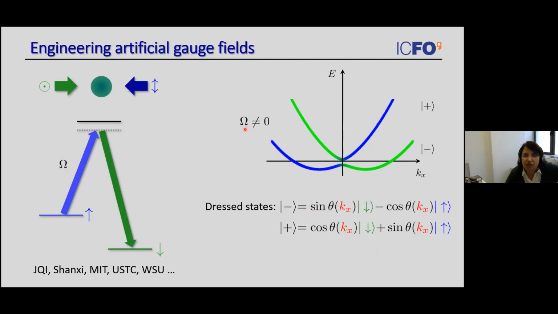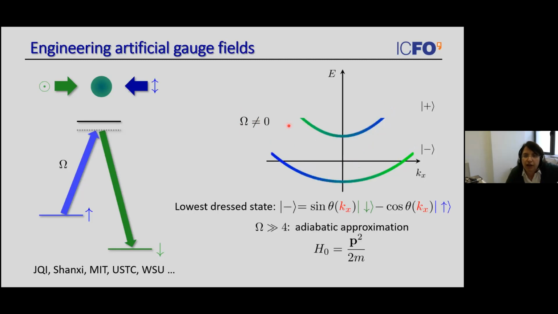Now, this is what happens for small Rabi coupling, where you still see the memory basically of the two parabolas that I started with. But when I make omega large enough, then I get a dispersion that becomes parabolic. So that looks like a new particle that just has a spin composition that changes with momentum.